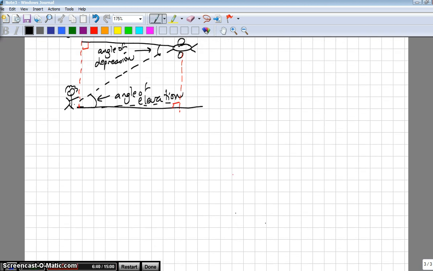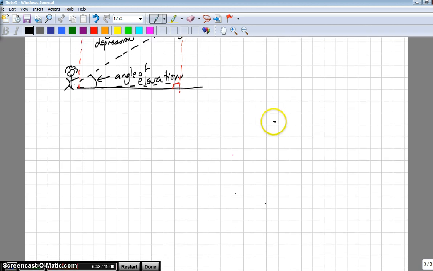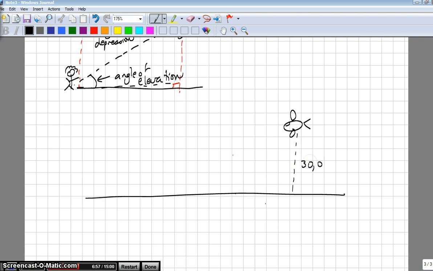So if we look at an example, if an airplane is flying at an altitude, here's the airplane that looks just like the bird. The airplane is flying at an altitude of 30,000 feet. So here's 30,000 feet. And it is headed toward an airport.